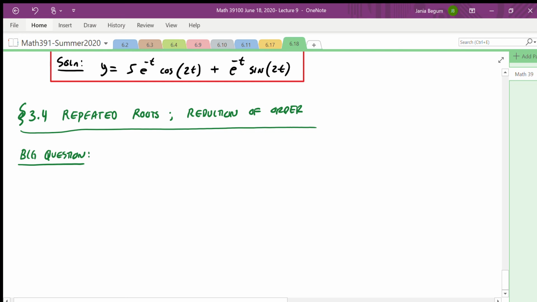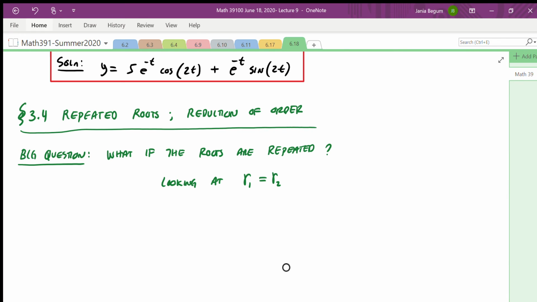Okay, so now the big question is, so here's the big question. What if the roots are repeated? That's the big question, right? Meaning we're looking at R1 is exactly equal to R2. So we're in the third scenario.